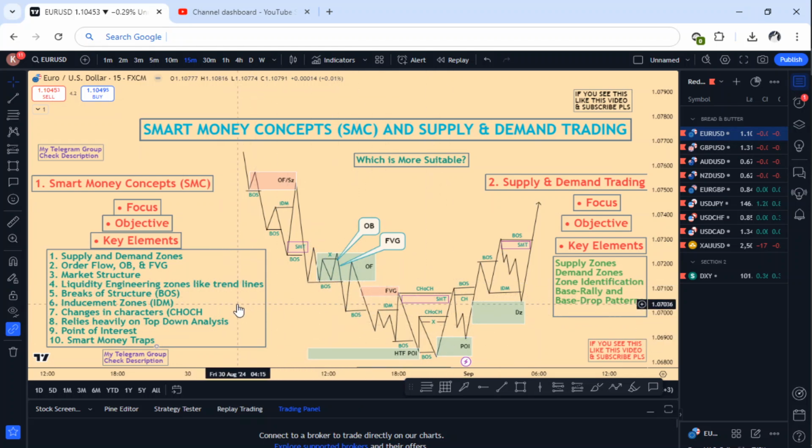Now, there's another concept called stop hunts. SMC traders recognize the manipulation of price to trigger stop loss orders before the market moves in the intended direction of the smart money.